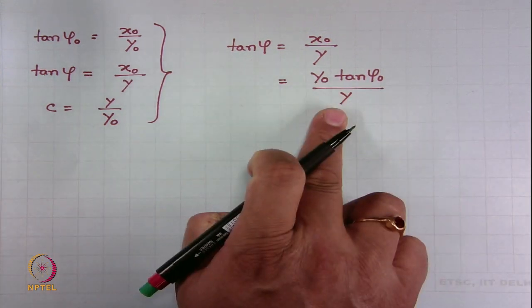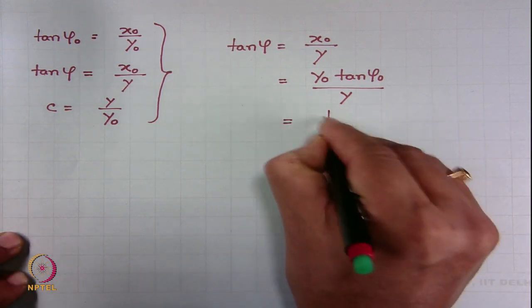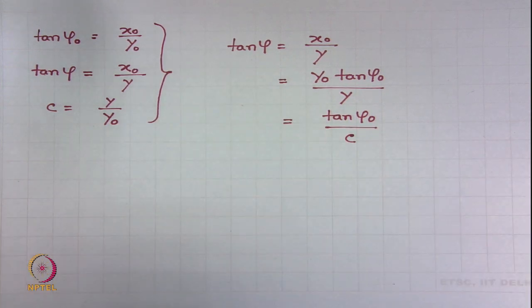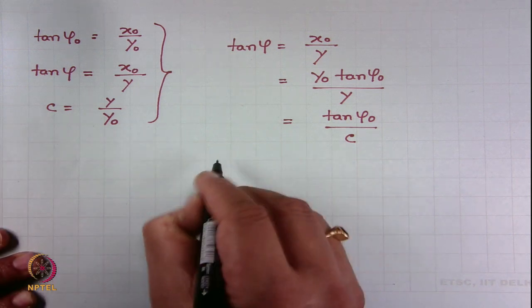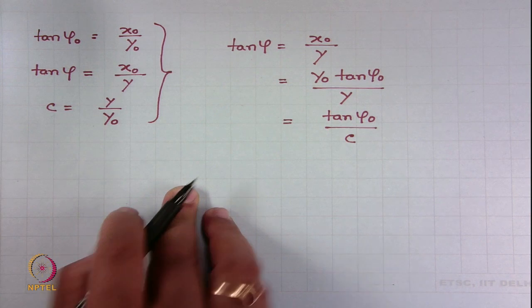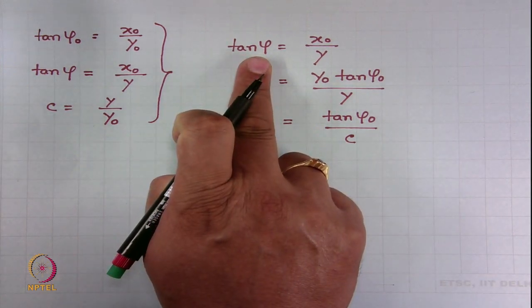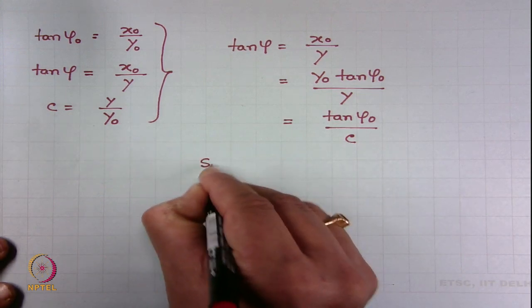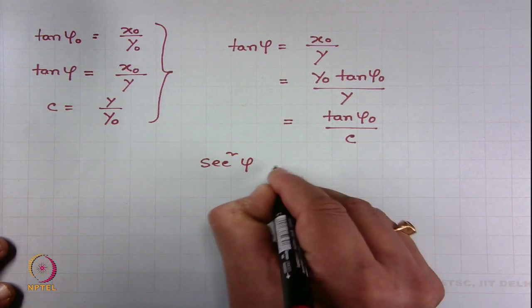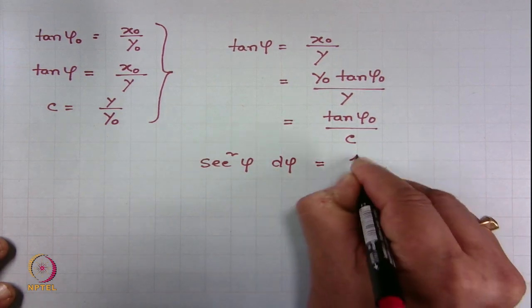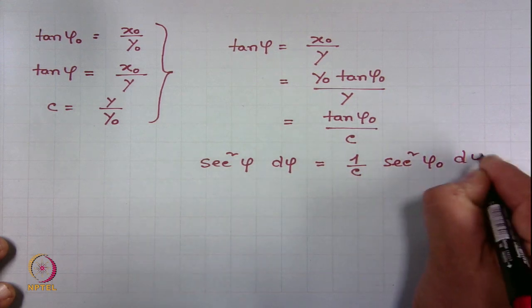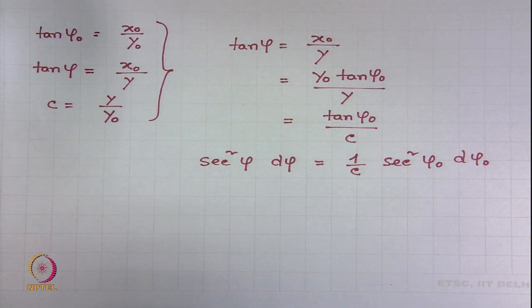Y naught by y is 1 by C. So, tan psi is tan psi naught by C. Now, if we differentiate this with respect to psi naught, what do we get? d psi is equal to d psi naught by C sec square psi naught.